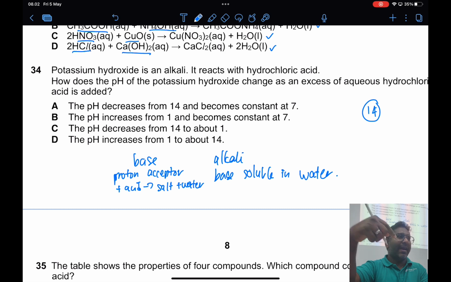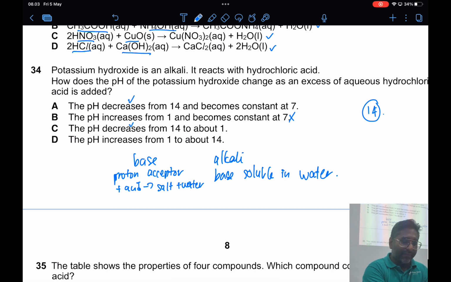When you add the acid, the pH will become less, because it slowly becomes neutral, and when you completely react with the potassium hydroxide, there's only acid, so the pH will follow the acid pH. So the pH will decrease. The answer must be that pH decreases.